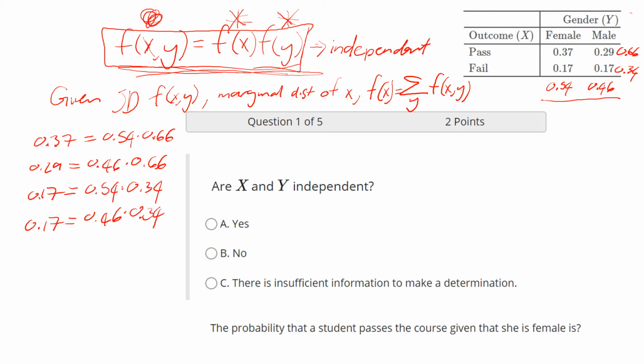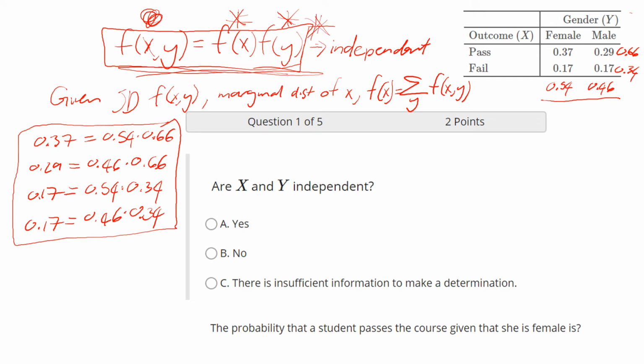In fact, what we are asking is that all of these equalities are true. If that is the case, then x and y are independent. Whether you are male or female has no bearing on whether you pass or fail this course. Okay, that's the claim that we're making when we state that.